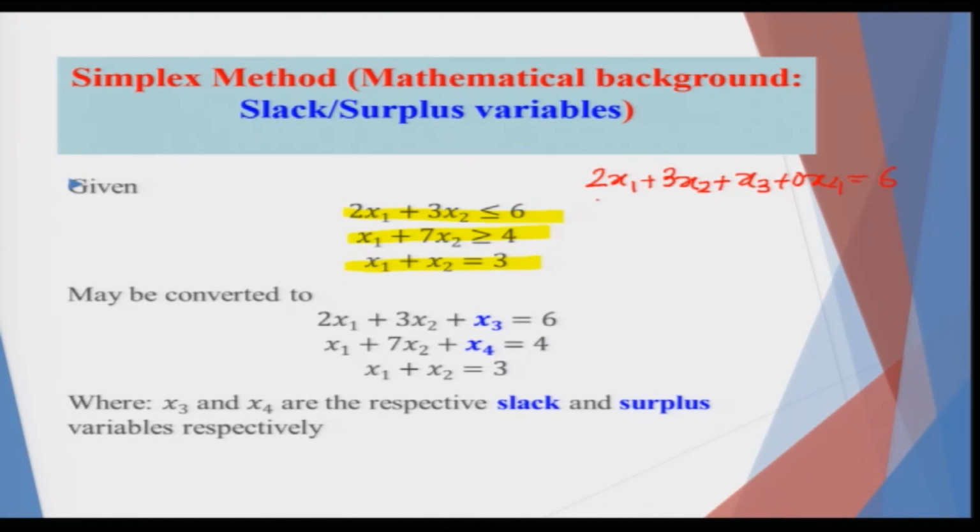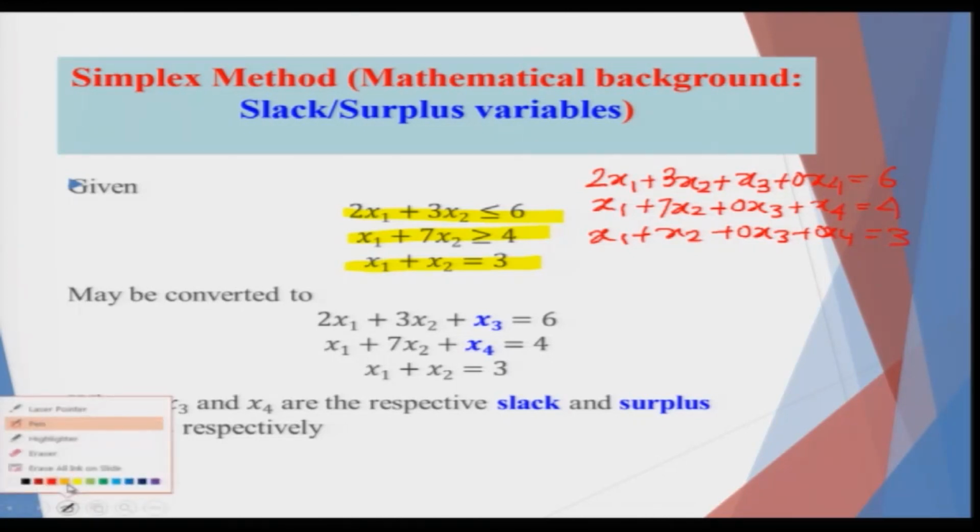The second equation becomes x1 plus 7x2 plus 0x3 plus x4 is equal to 4. And if I come to the third equation, it will be x1 plus x2 plus 0x3 plus 0x4 is equal to 3.